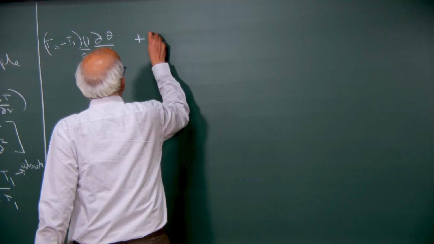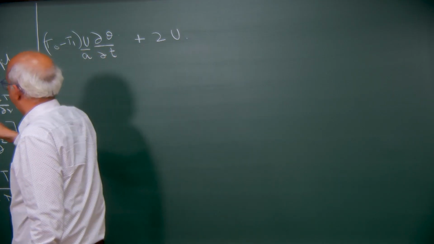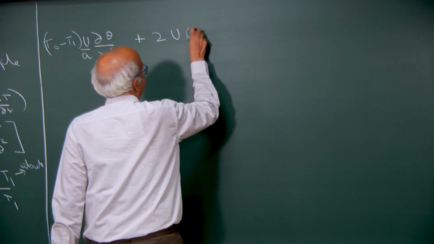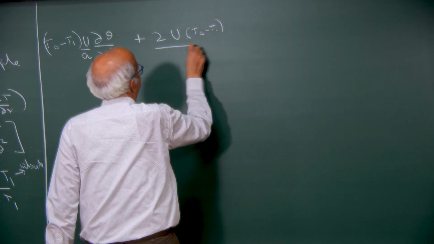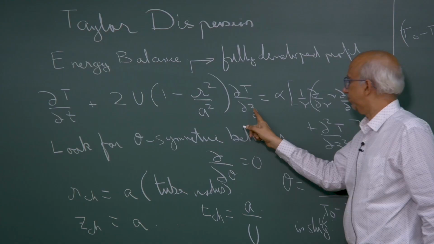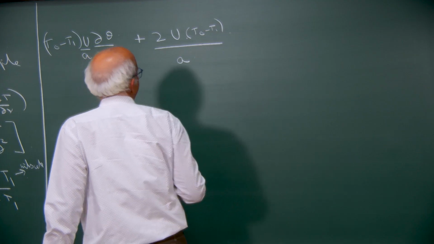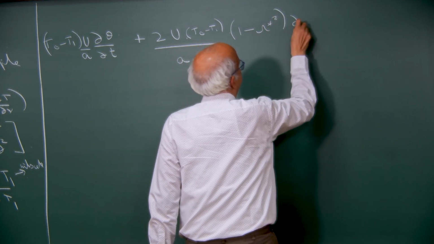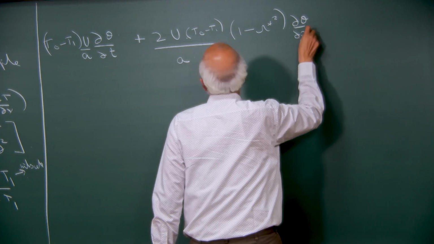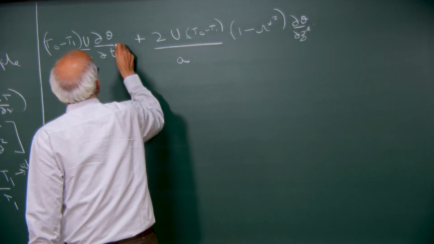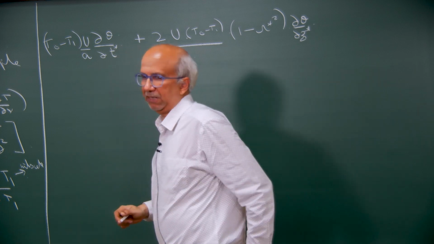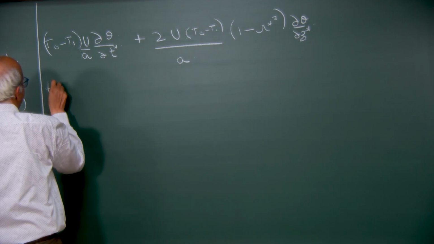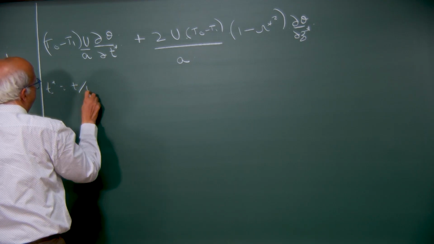So, I have plus 2u times, again theta will give me T0 minus T1, divided by a, times (1 minus r star squared) times d theta by d z star, and I should put t star here. t star is dimensionless. So, what is t star? t divided by TCH.